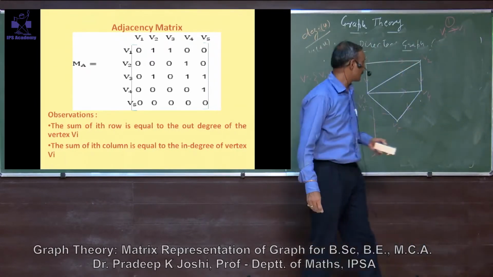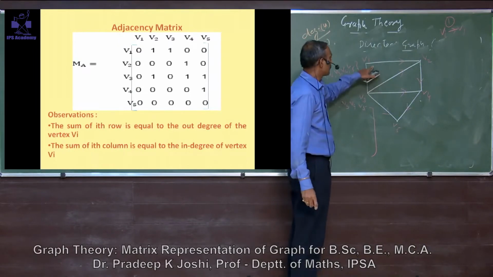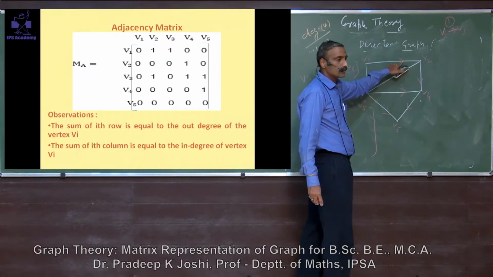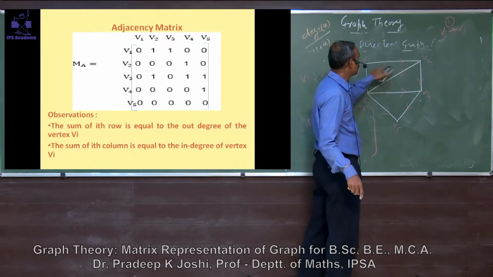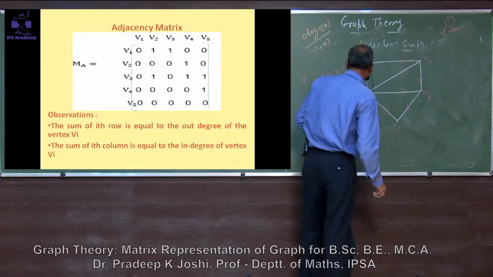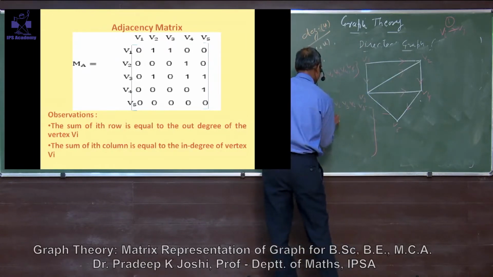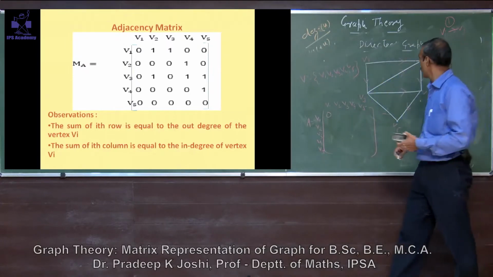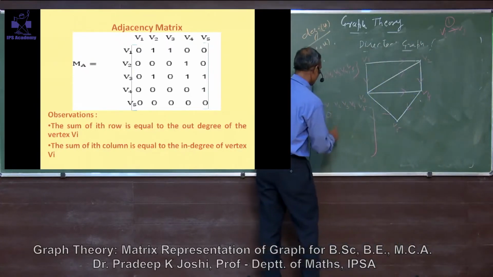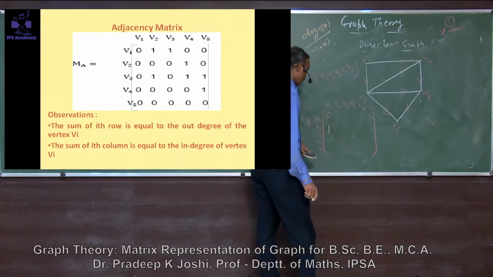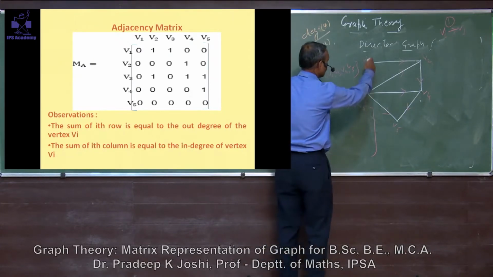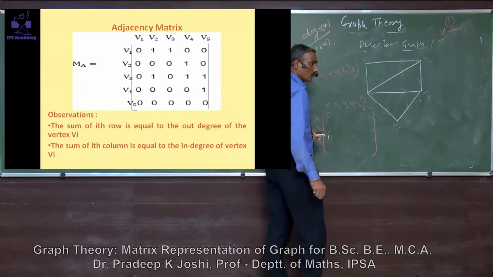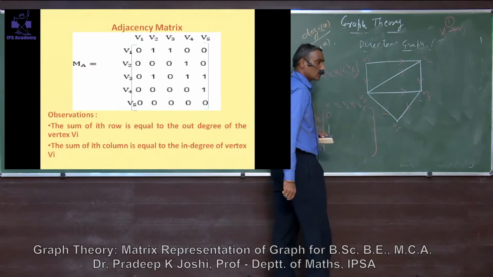Looking at this graph, the direction from V1 to V2, so from V1 to V2 we put 1. From V1 to V1 there is no self loop, so we put 0 here. Then V1 to V2 is a direction, so we put 1. From V1 to V3 is also a direction, so we have 1 here too.